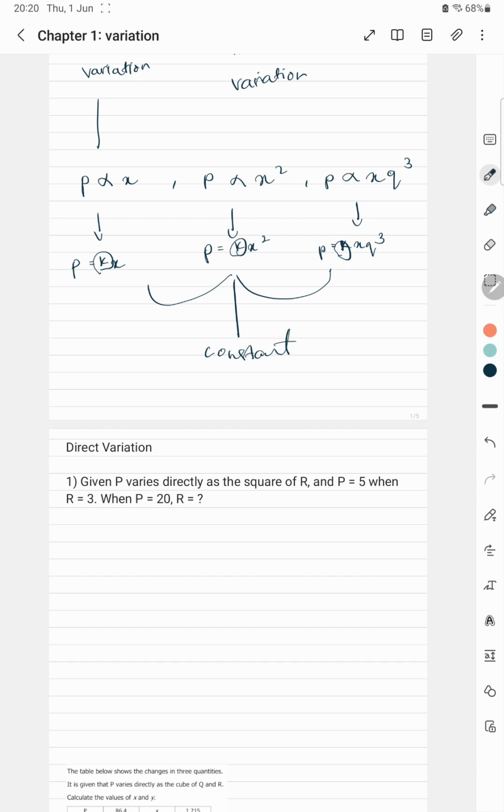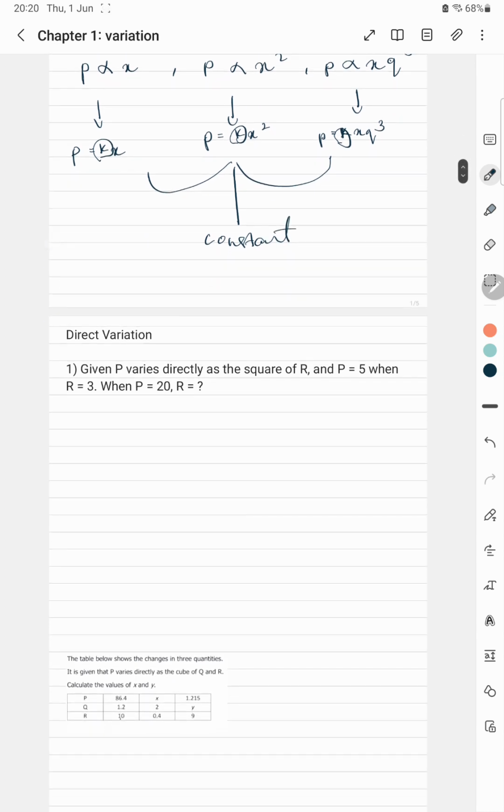So let's take a look at the first question. Given p varies directly as the square of r, and p equals 5 when r is equal to 3. Find the value of r when p is equal to 20. So we need to find the k value. So p varies directly as the square of r.